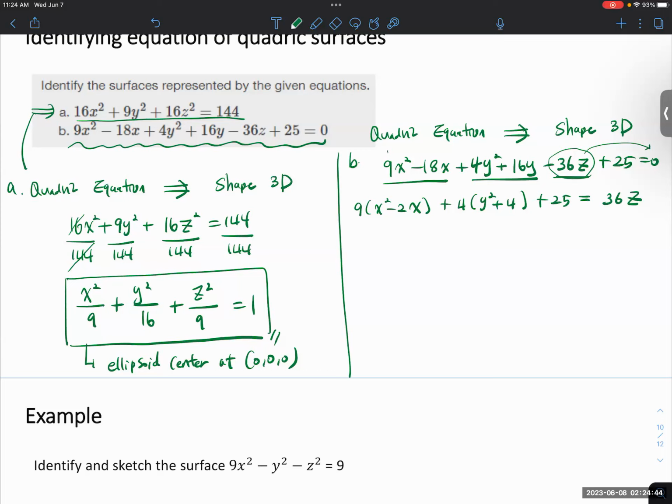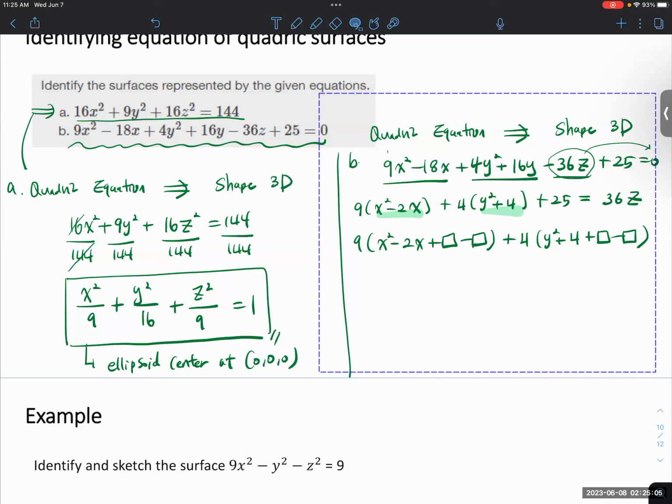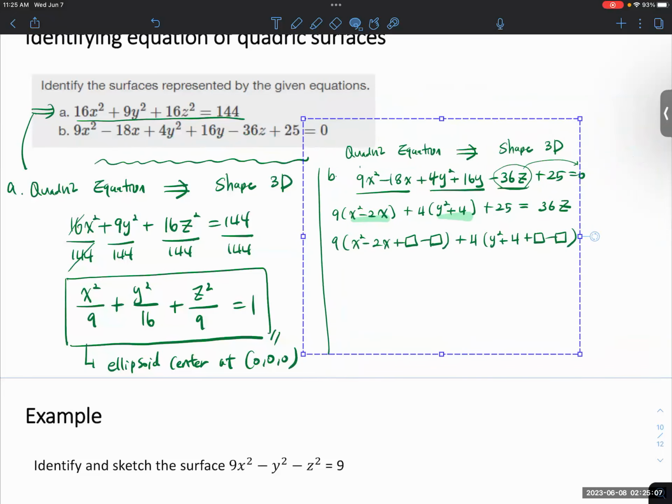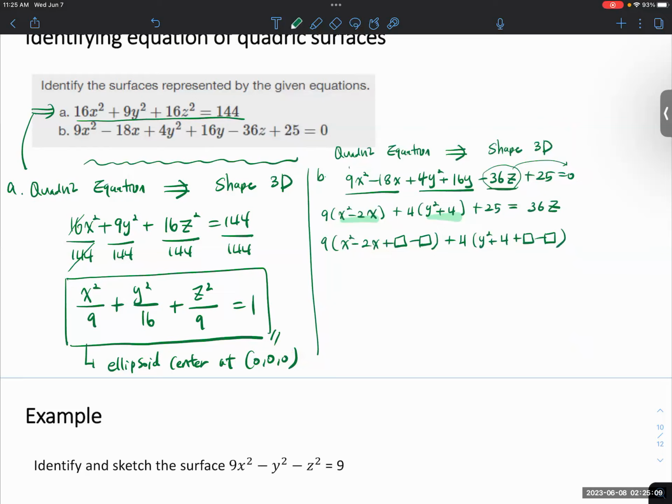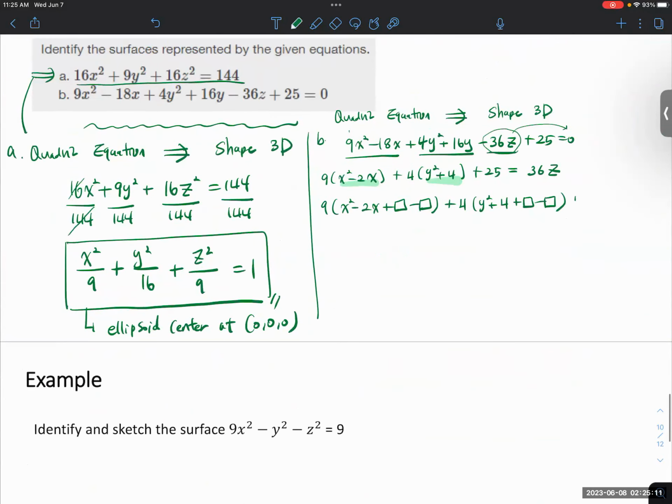So far so good. And then do you remember this one? I want to find the factor. So 9x squared minus 2x plus minus, because this is a zero balance, 4y squared minus 4y plus minus, and then we have 25 equals 36z.